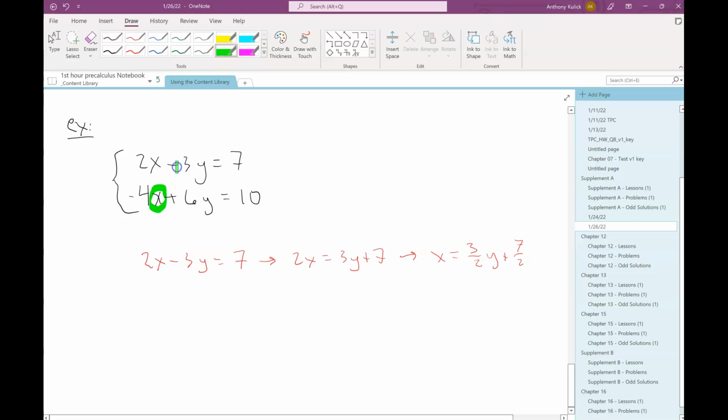So now we'll do our substitution. We're going to substitute our x from the first equation into the x in our second equation. So in place of x, I'm going to write 3 over 2 y plus 7 over 2. But all the rest of the parts of equation 2 remain exactly the same.